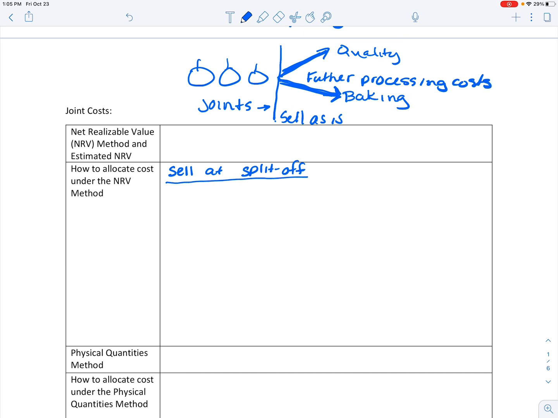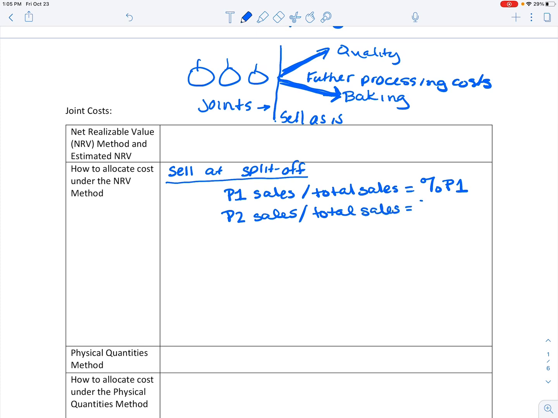So if we're going to sell at split off, we can take our product one that we're going to make, like our quality apples, take those sales, divide that by our total sales, and that's going to give us that percentage for your first product. Then we'll look at the product two, like the baking apples. Look at those sales. Divide by our total sales and get a percentage for product two.